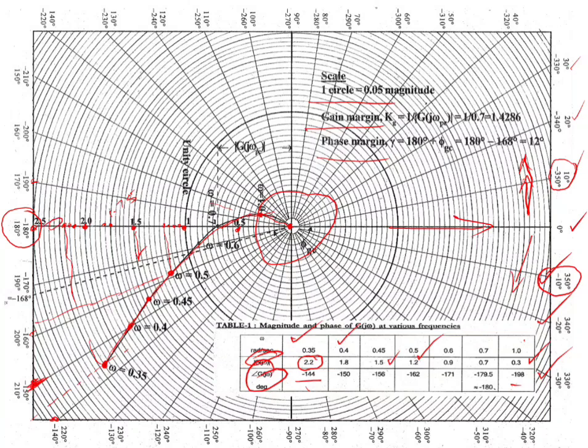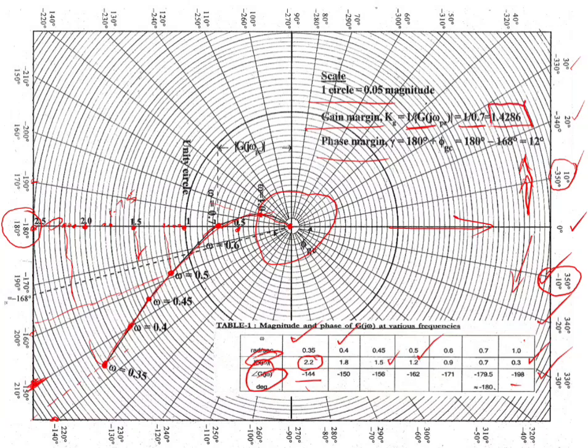We have to find the point at which the locus cuts the phase crossover frequency, that is -180 degrees. Here, the locus is cutting the 180 degree line at 0.7 magnitude. Substituting this in the equation, we get 1 divided by 0.7.